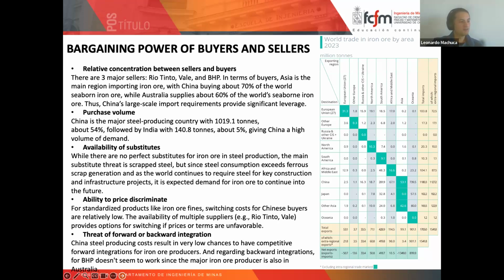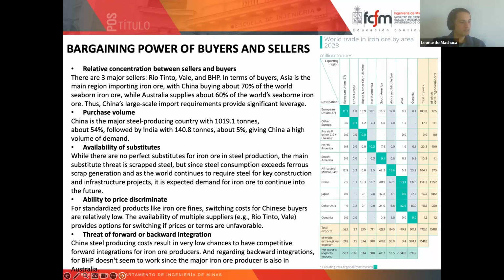So the availability of multiple suppliers provides options for switching if price terms are unfavorable. Regarding forward or backward integration, Chinese steel producing costs result in very low chances to have competitive forward integration in the context of steel producing.